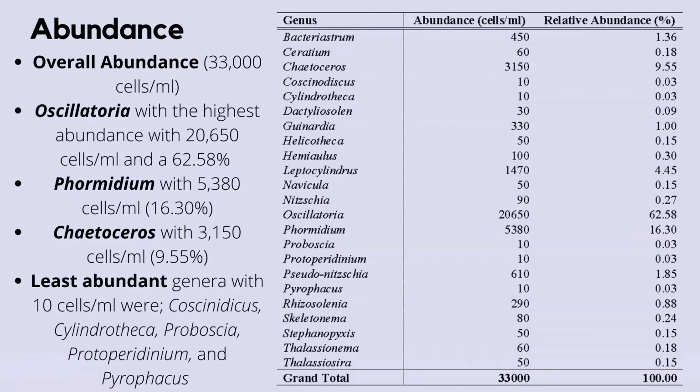As reflected in the study, the overall mean density of Sitio Linao was 63,517.62 cells per liter and an abundance value of 33,000 cells per ml, and has three major classes: Bacillariophyceae, Cyanophyceae, and Dinophyceae. The Cyanophyceae was the most abundant and had the highest cell density in the sampling site, represented by Oscillatoria and Formidium.